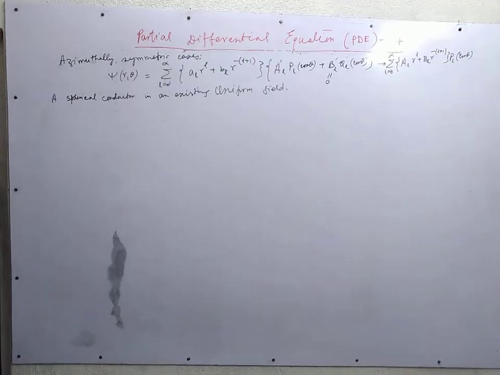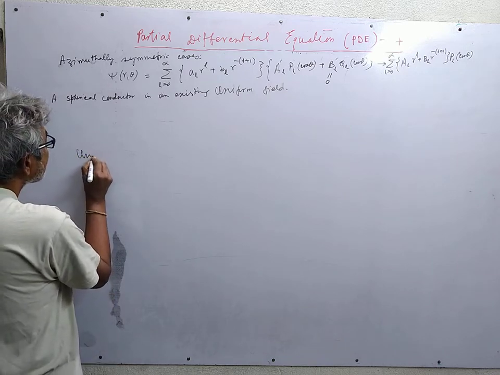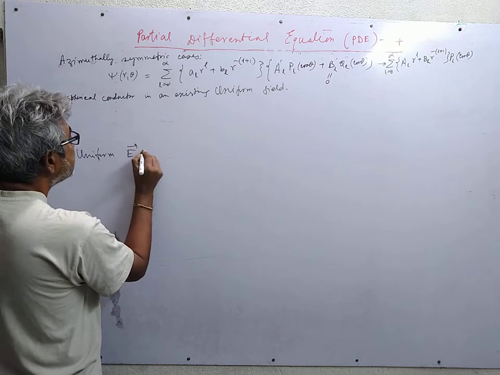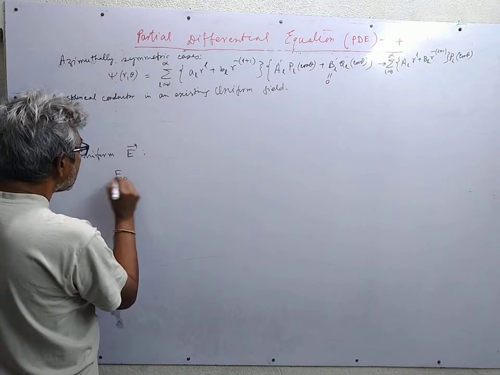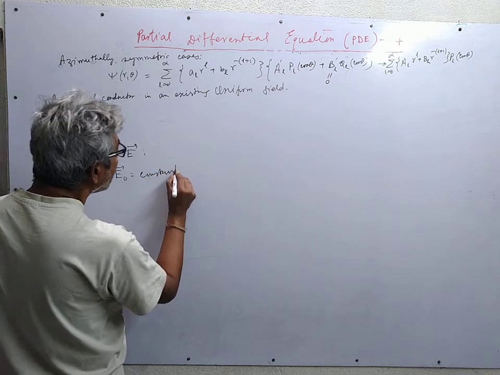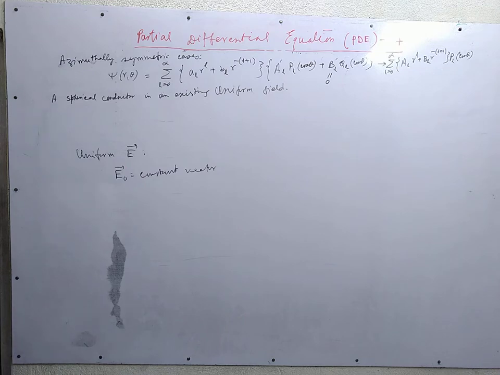So the situation is that we have a conductor in the form of a sphere, and the sphere is placed in an existing uniform electric field. The uniform electric field means E0 is a constant vector, so that its magnitude and direction both remain the same.